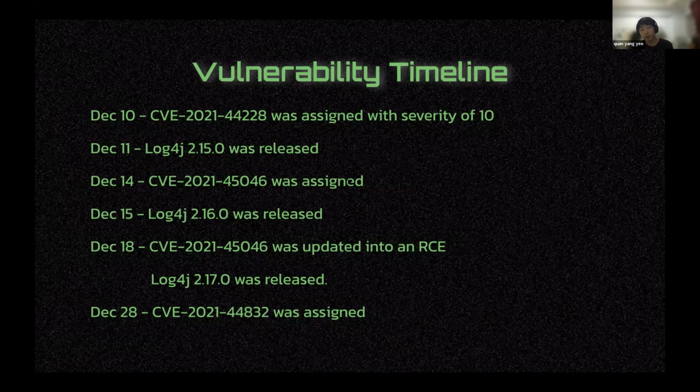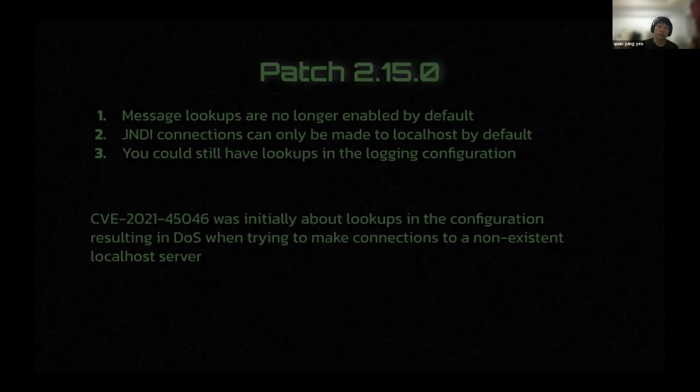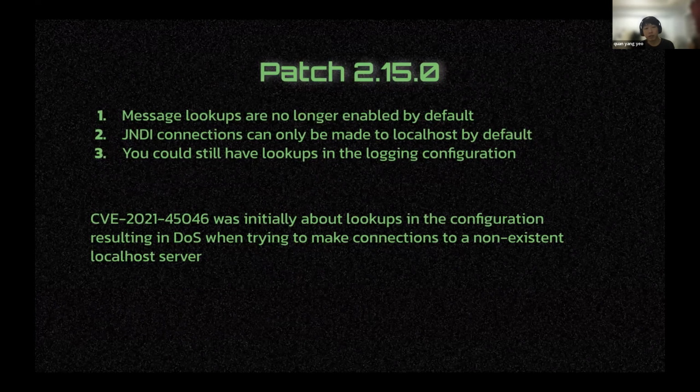But let's dive into the first patch and look at what they fixed here. In patch 2.15, they basically removed the ability to do a lookup. The lookup is necessary for you to make that JNDI request, and so they removed the ability to do it from your log message.